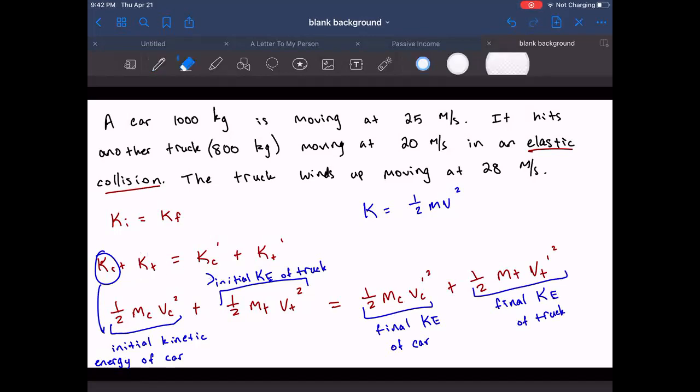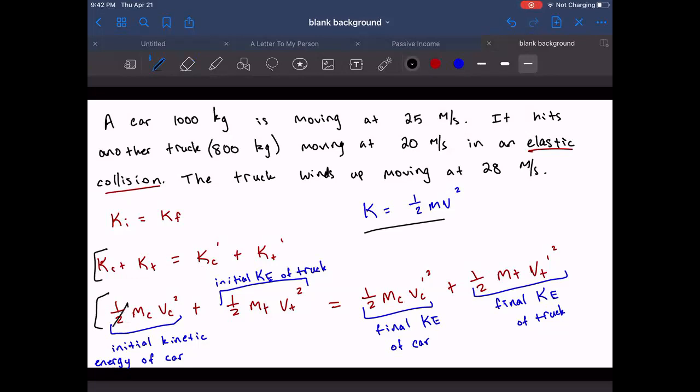Maybe this is too much here. But of course, like I said, this equation, I just plugged in that for each of them. The kinetic energy for each one.